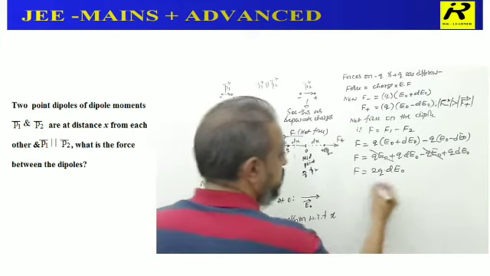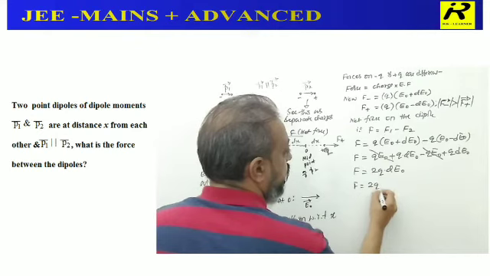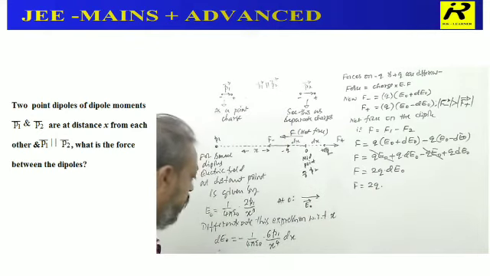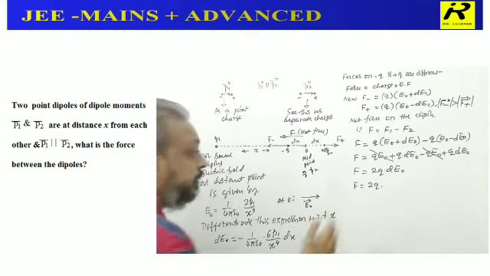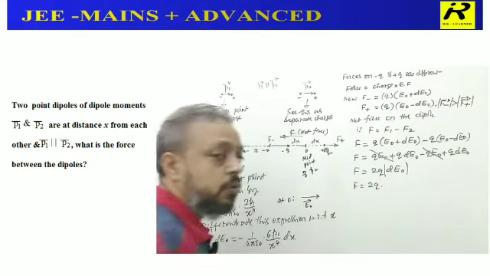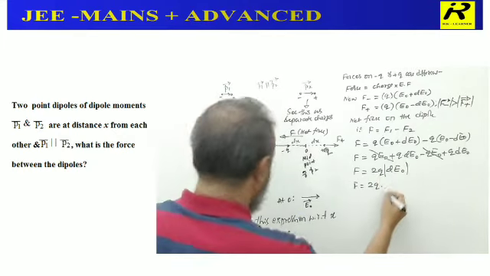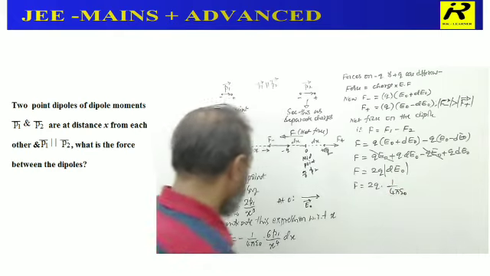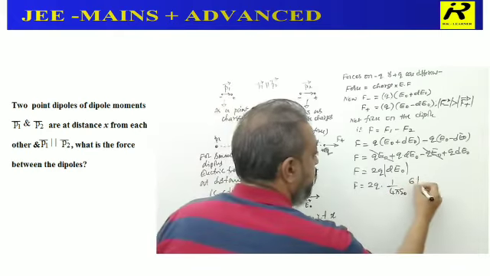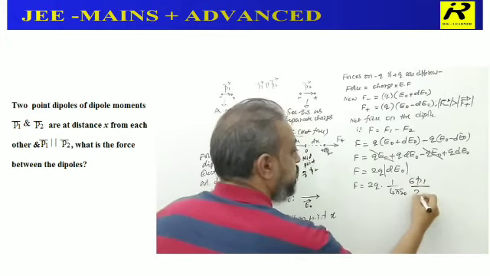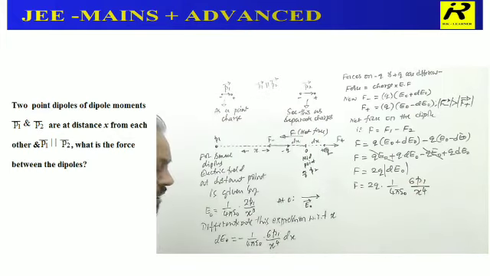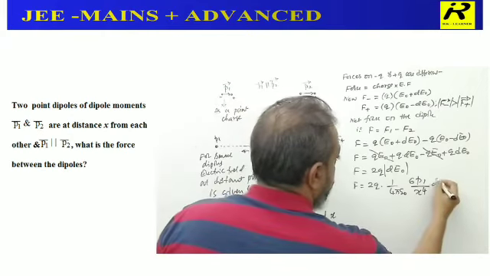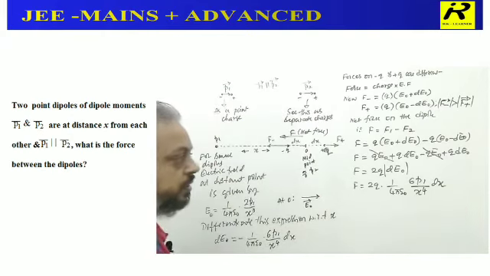Now, make substitutions. So, F equals q into dEO, and dEO has only the magnitude, so I simply put the magnitude of dEO. So, the magnitude of dEO is simply 1 by 4 pi epsilon O, 6 P1 divided by x to the power 4, into dx.